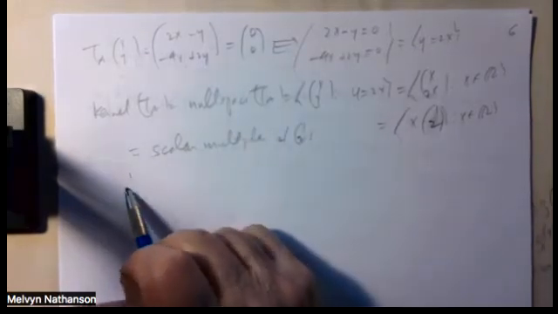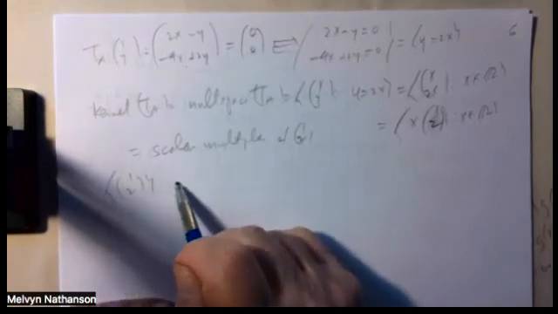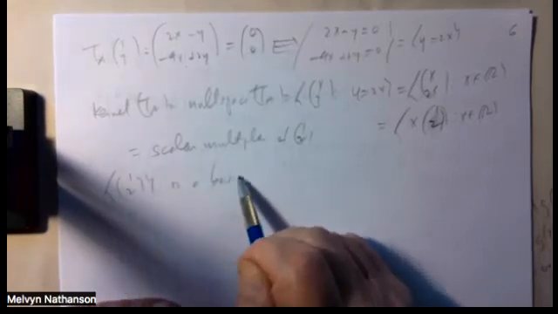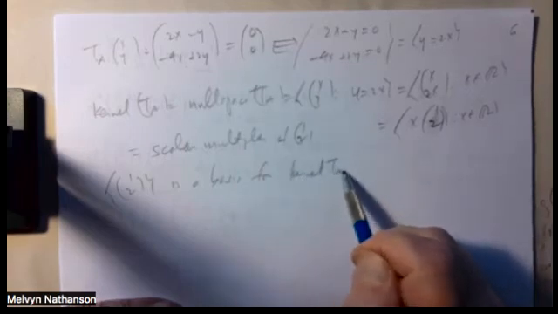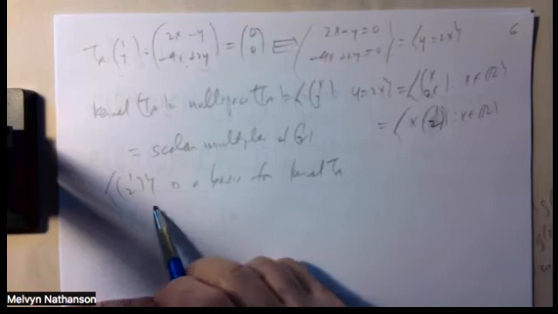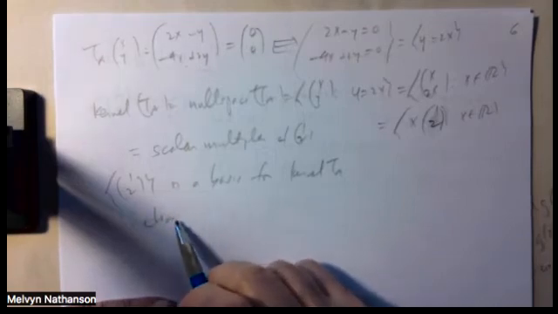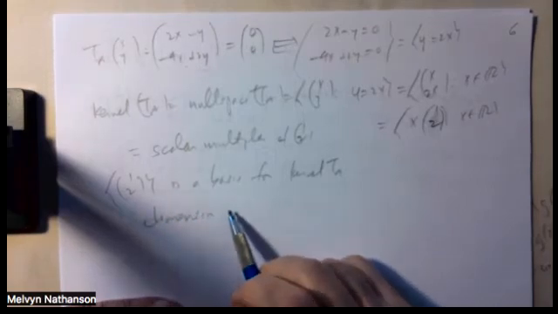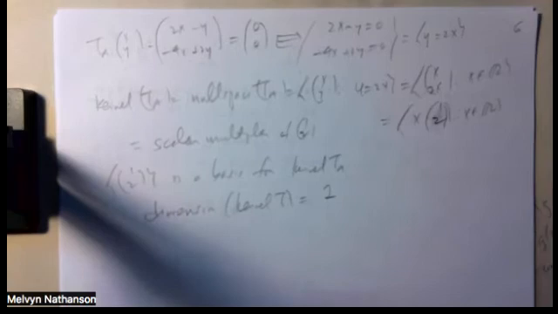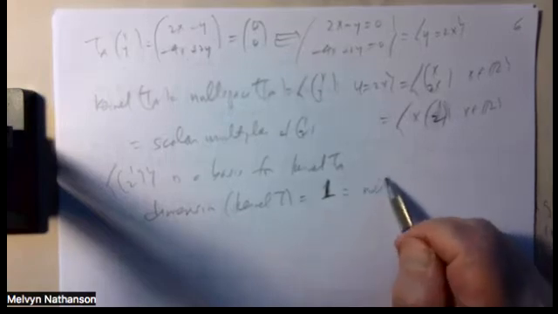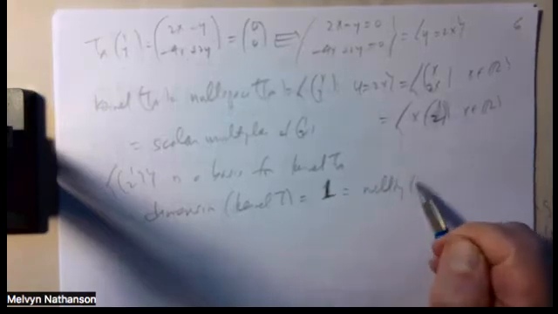So this vector is the basis for the kernel. And the dimension of the kernel is 1, because there's a basis with just one vector in it. So this is what is sometimes called the nullity of T.